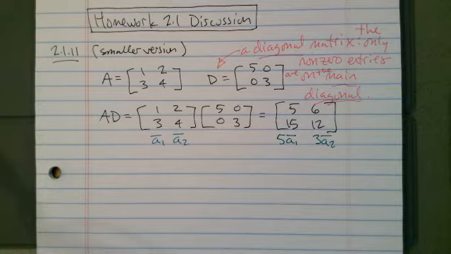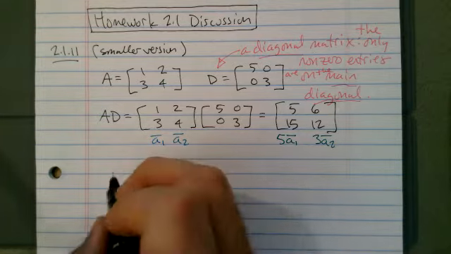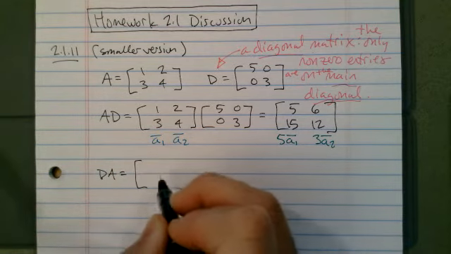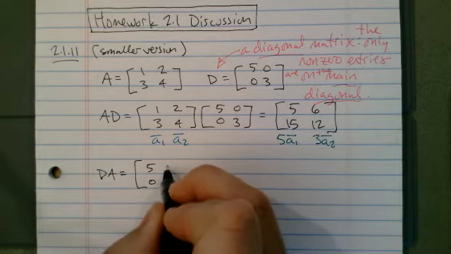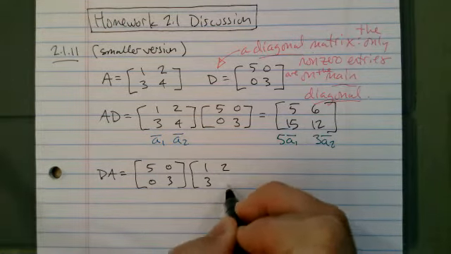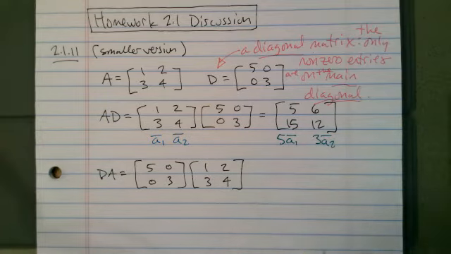If I switch these around, I can switch the order of the matrices because they're all 2 by 2. If I multiply D times A, that is, if I put the diagonal matrix on the left, I'm going to do some dot product multiplication because it's faster to get through.